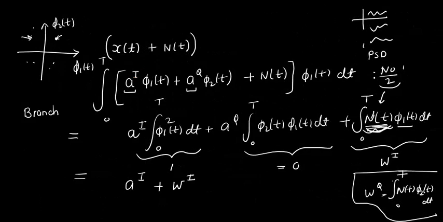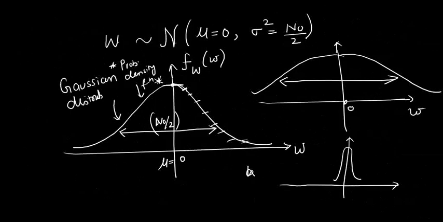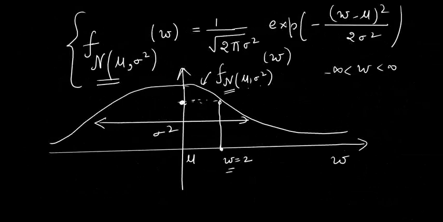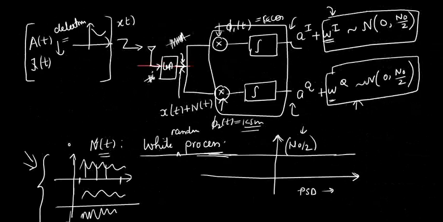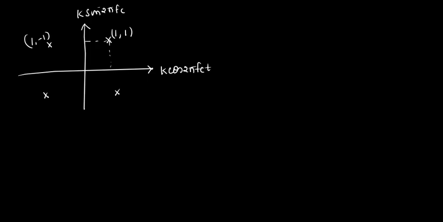I hope I make sense till this point. So now the question is, we have modeled the noise. Now, for example, there is a particular case, let's take this: phi 1 is K cos 2 pi FCT, phi 2 is K sin 2 pi FCT, and the values are, for example, 1 1, minus 1 1, minus 1 minus 1, and 1 minus 1.